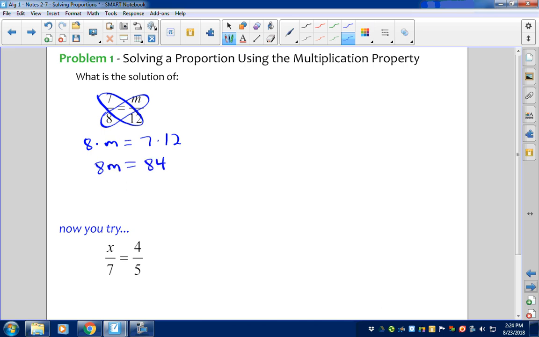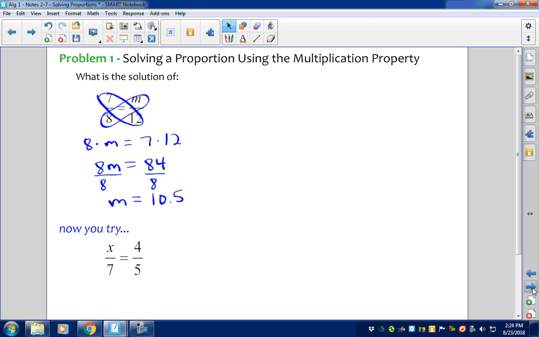And then one more step. Divide by 8. And you'll need your calculator in this lesson. You can just leave the answer. What is it? 10.5. I think it's 10.5. So have your calculators handy.